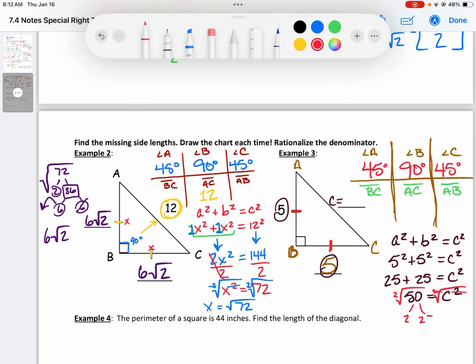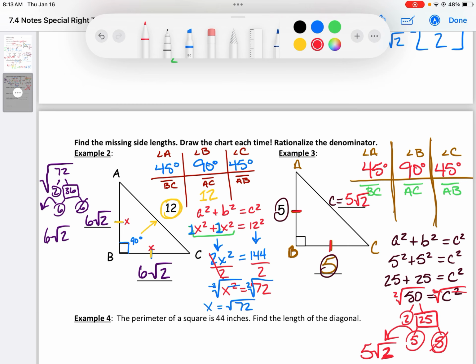I'm going to split this into 2 and 25. I recognize that 25 is a perfect square. It's going to split into 5 and 5. I can cross one out, kick one out, and I'm left with 5 square root of 2. That is our missing side length, 5 square root of 2.